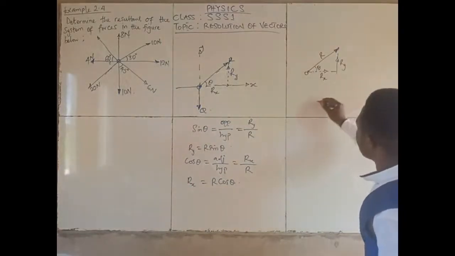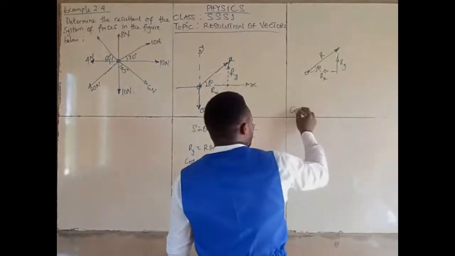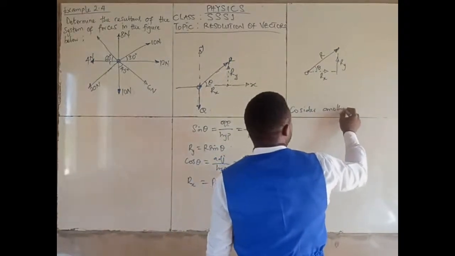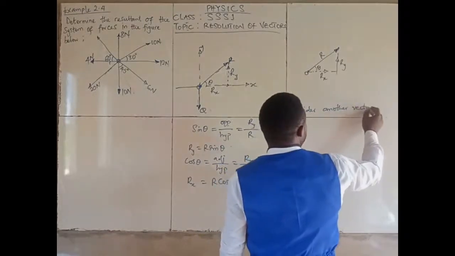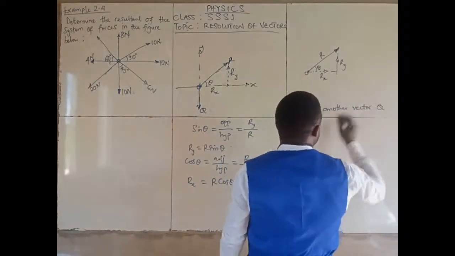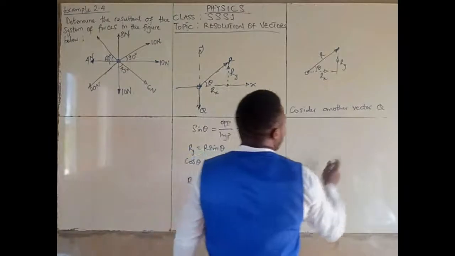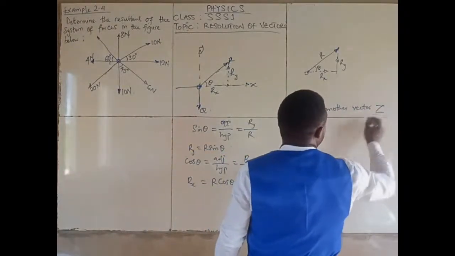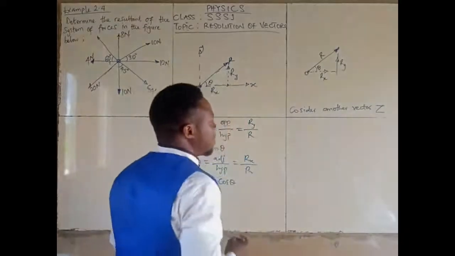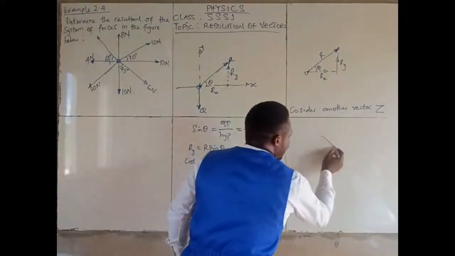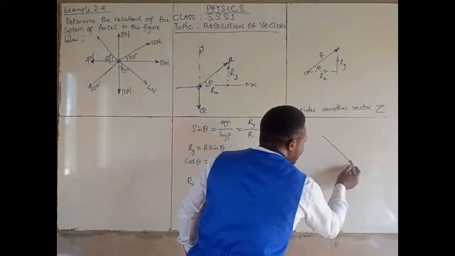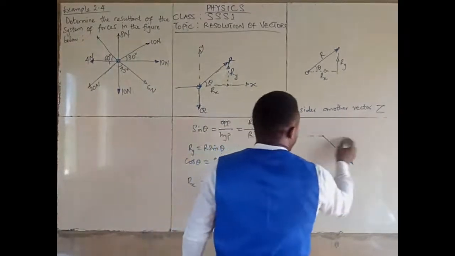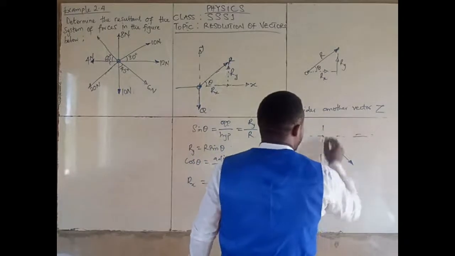Consider another vector. Let's say another vector Z. This is vector Z. Vector Z also has its own x and y axis, though it doesn't belong to any of them.